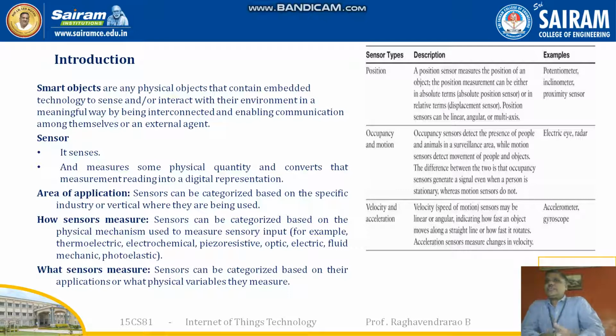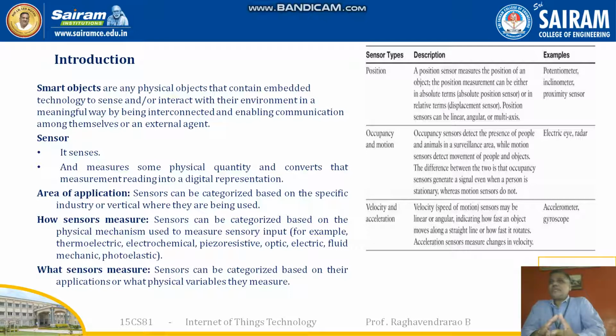Now you can see the sensor is a position sensor. How is that sensor going to work? A position sensor measures the position of an object. Remember this properly, because questions will be asked in the exams like this only.